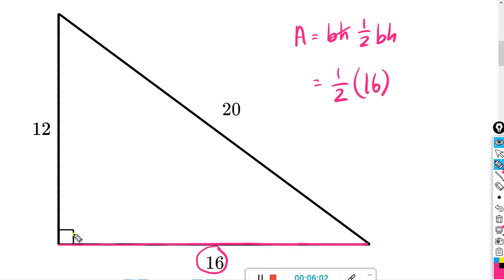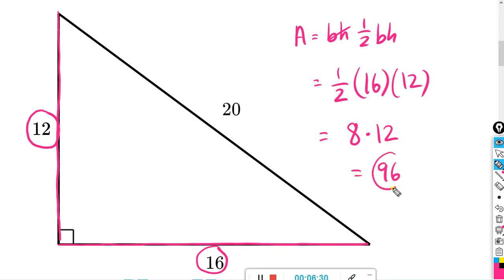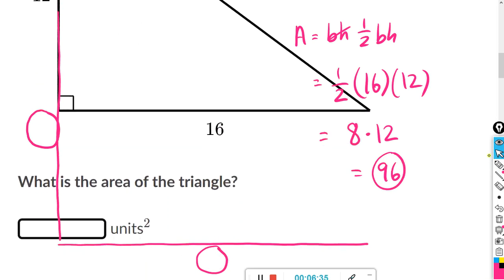And for the height, you find the side length that is at a right angle to the base. That's 12. In place of h, I write 12. 1/2 of 16 is just 8 times 12. That's going to be 96. Write it in the box.